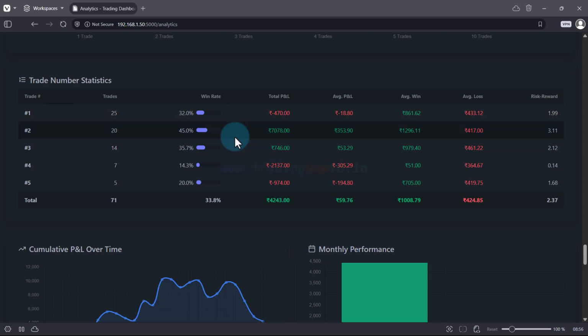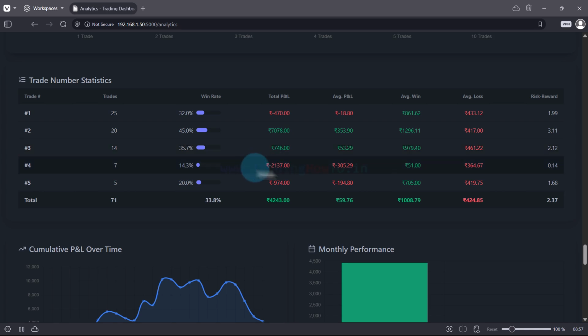But on my second trades, I have 45% win rate and I have made a profit of around 7,000 rupees. So we can see that the second trade is my best trade. And the third trade, I have taken 14 times, with 35% win rate and around 746 rupees profit.